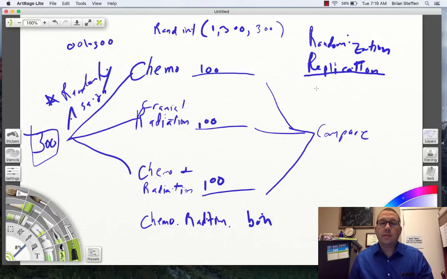And then the last thing is control. When I talk about control here, I'm talking about people not getting to choose which category they're in. If they got to choose what group they go to, then my experiment lacks control. So I use a random assigning process to control which group they go to.